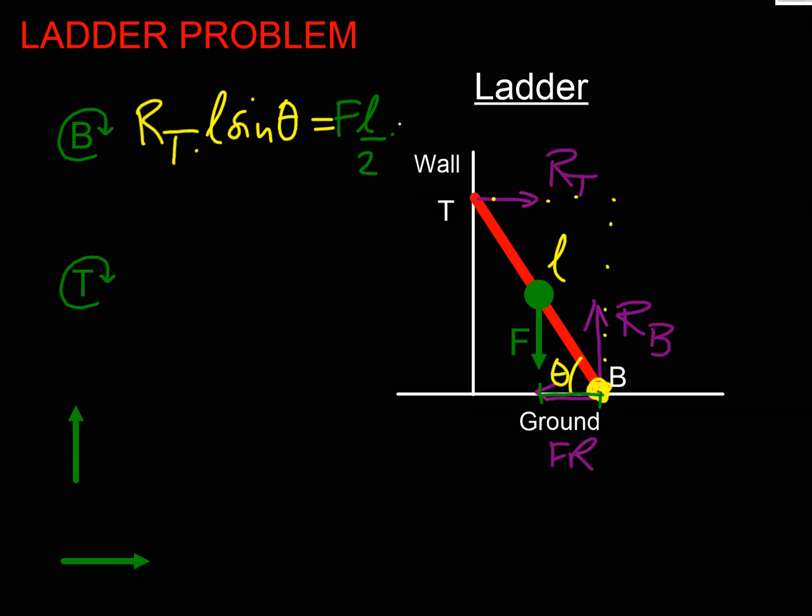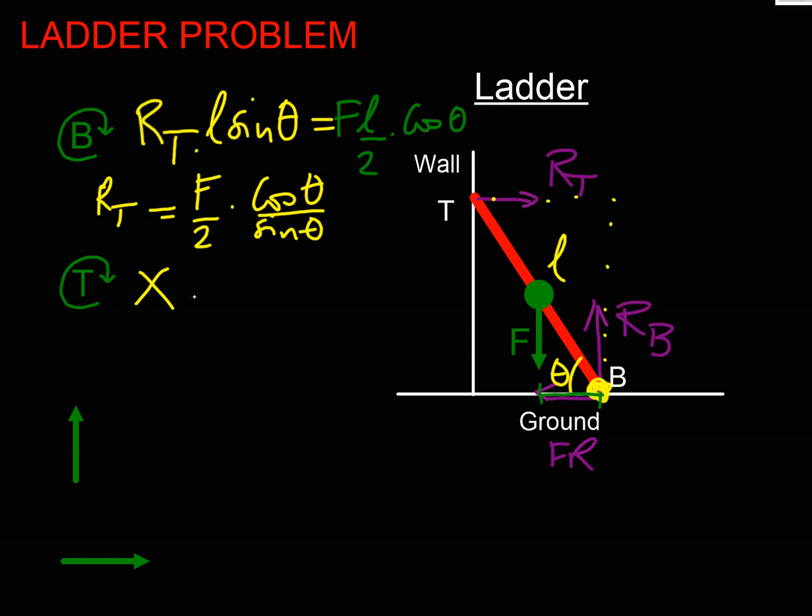That moment arm is going to be half the length, and then it's going to be the cosine element, that distance trig. So I now know what RT is, because RT is going to be F over 2 times cos theta over sine theta, isn't it? So I've now found out what RT is. So not taking moments about T made my life easy.